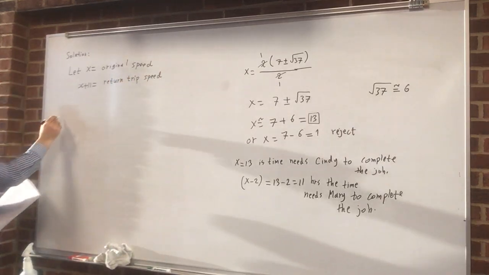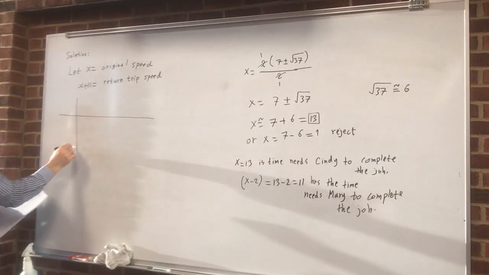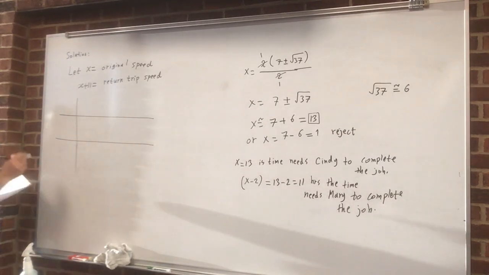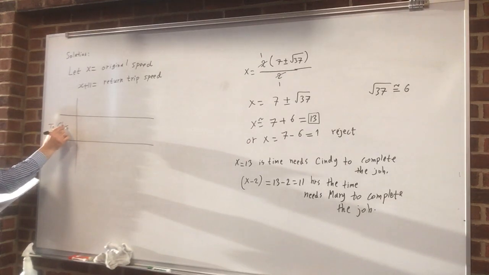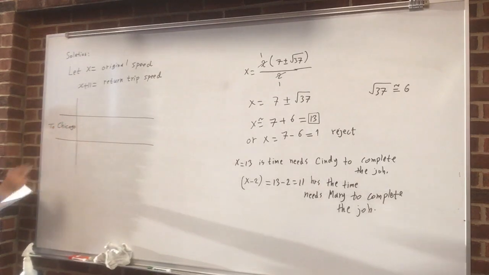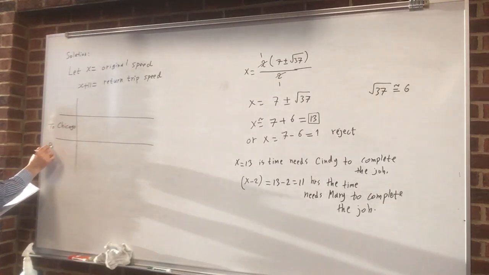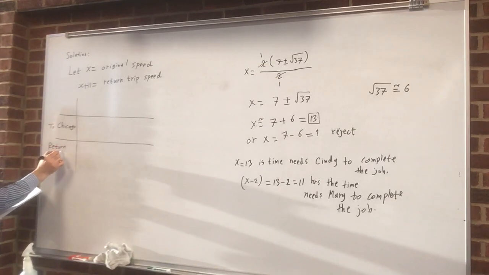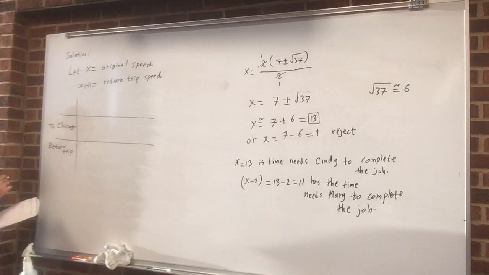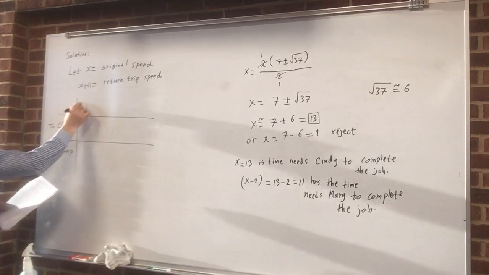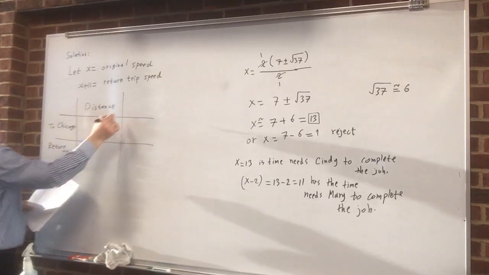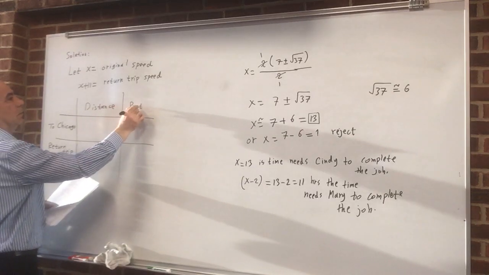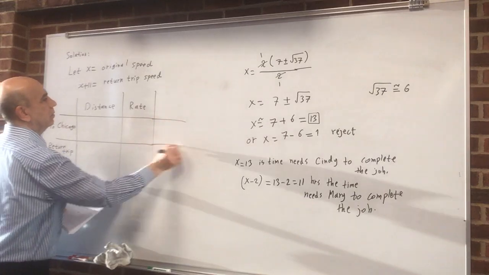So now we have this table. The trip to Chicago, then the return trip. Here we have distance, then rate, then time.